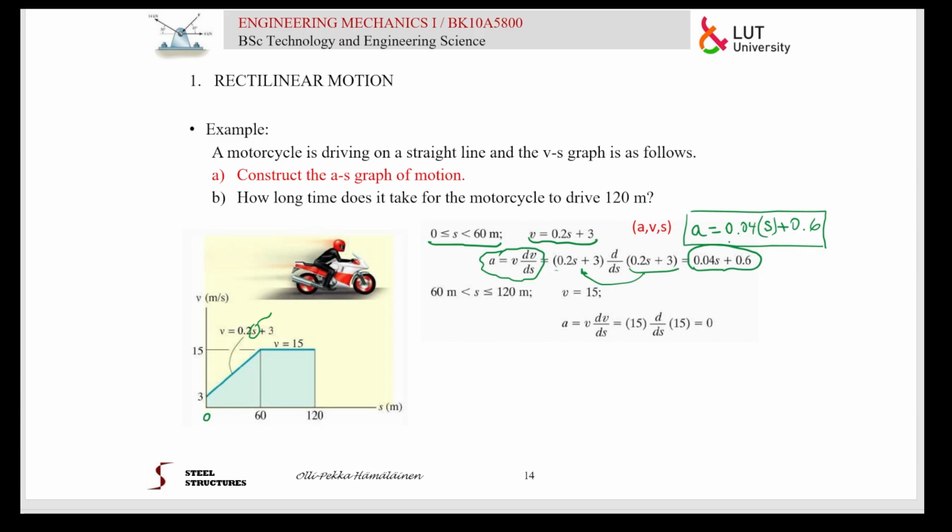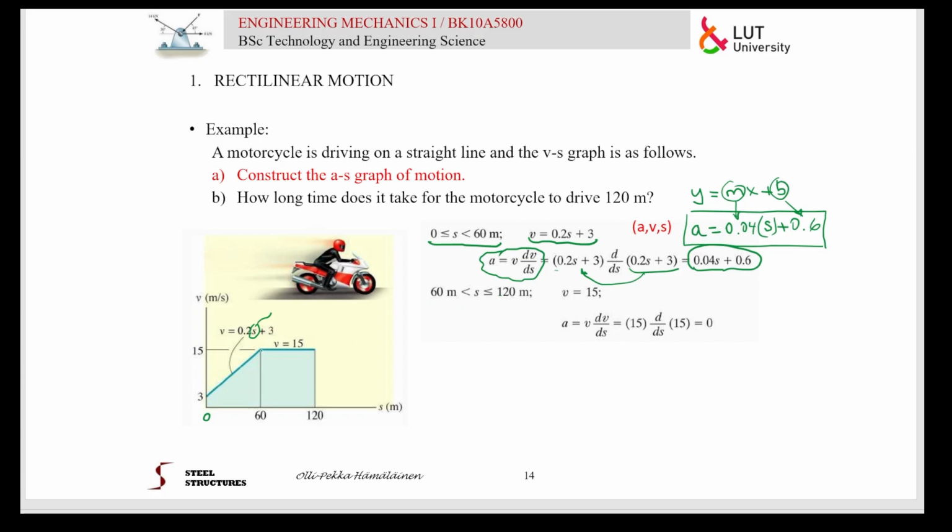And this also presents some sort of resemblance with the equation of a line. Remember, equation of a line is the slope times the variable, the unknown, plus the intercept here, where this one is this one and this one is this one. So yeah, there's something pretty similar here.